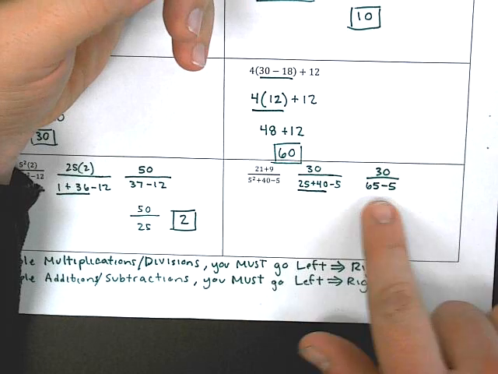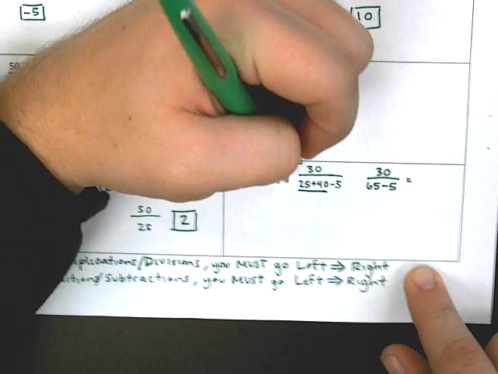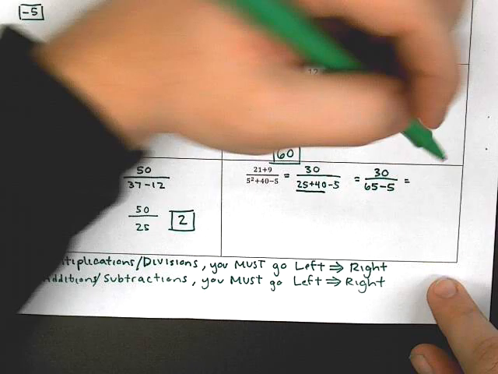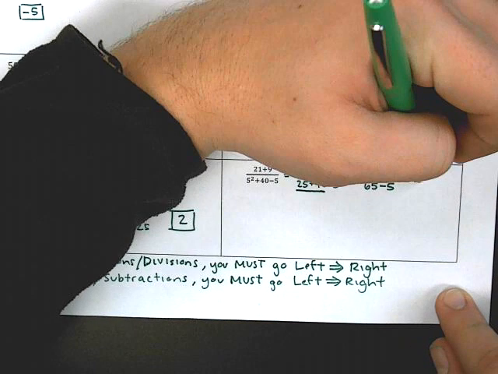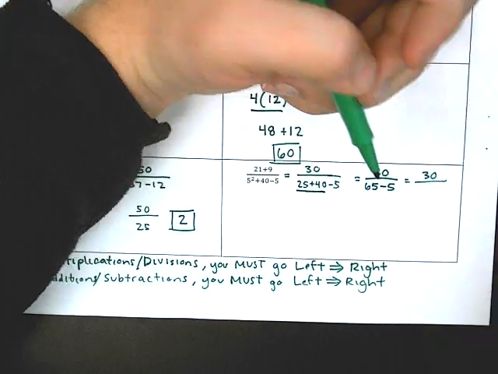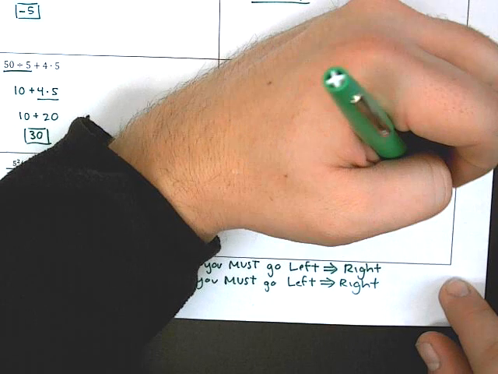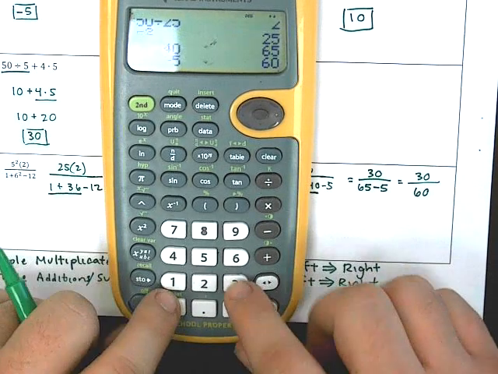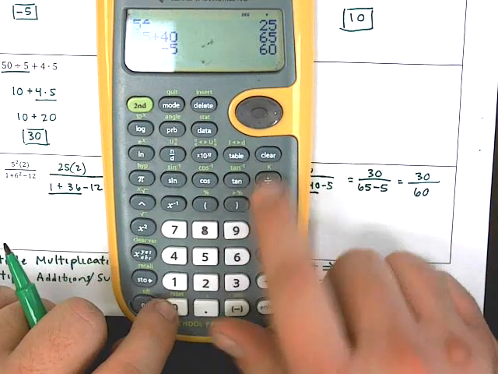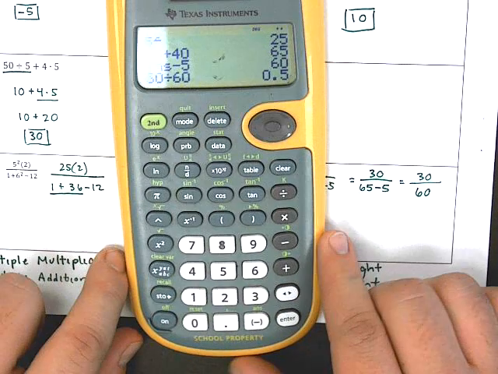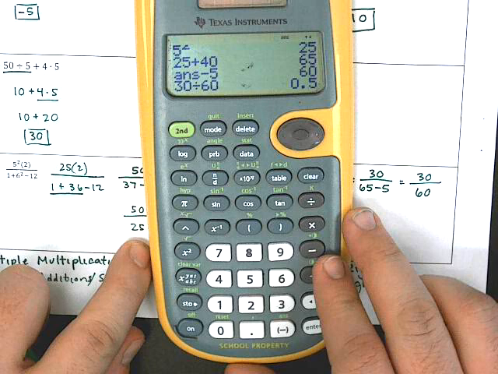Then 65 minus 5, I should be putting an equal sign, sorry guys. What do we have? 30 over 65 minus 5 is 60. And then what happens when we do 30 divided by 60? We get this 0.5. That is more than okay, guys, if you want to use that as your answer.